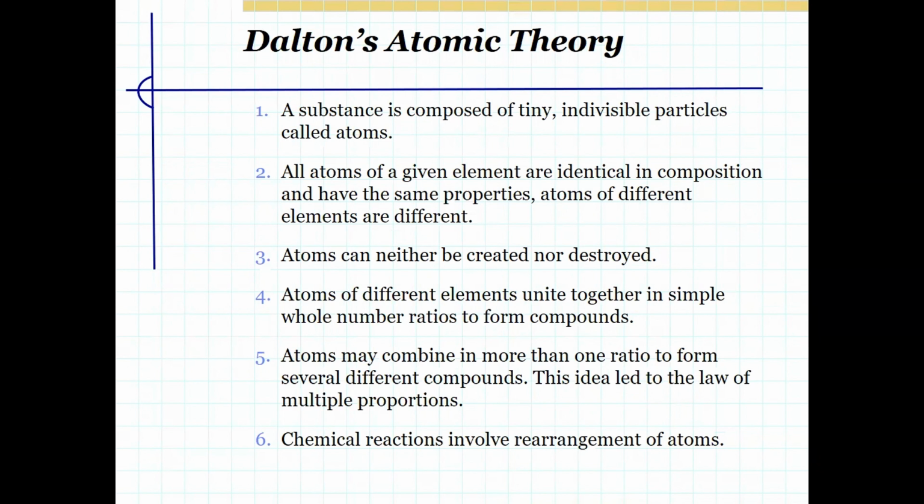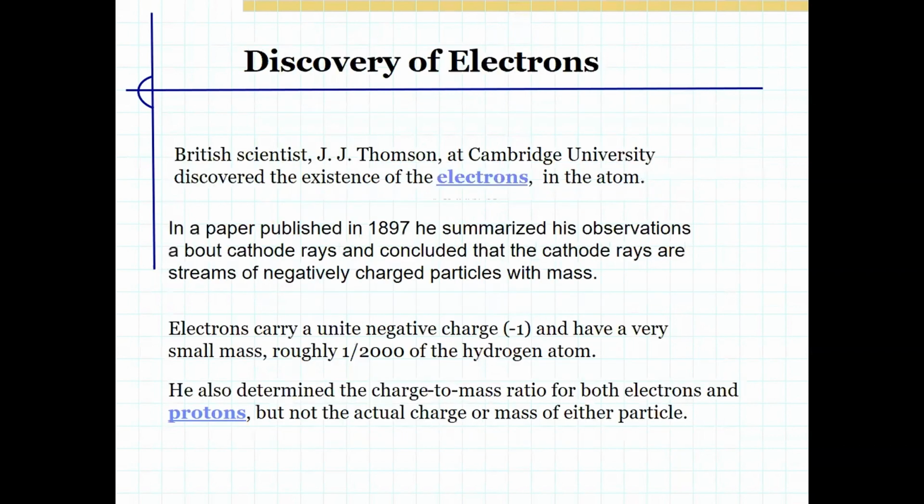Atoms of different elements can unite together in simple whole number ratios, and atoms can combine in more than one ratio to form several different types of compounds. This idea led to the law of multiple proportions in chemistry, and now it is a law which provides a balance in chemical reactions. Chemical reactions involve rearrangement of atoms. That was Dalton's idea.